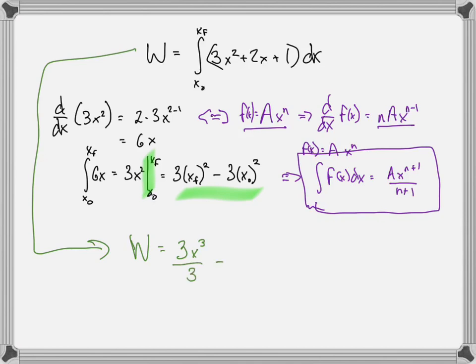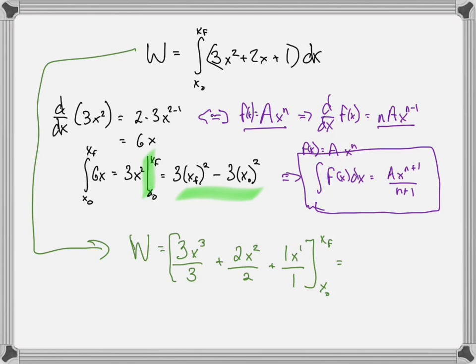Then let's integrate the second function, 2x: we raise it to 2x squared, and we divide by the power 2. And then the third function, 1. Now remember, that's x to the 0, so it's 1x to the 0, and we add 1 to the power, so 1x to the first, divided by the power. That's our integral, but we still have to evaluate it from x0 to xf.